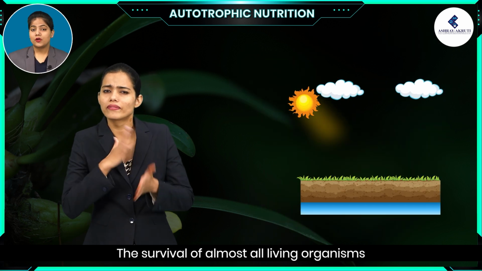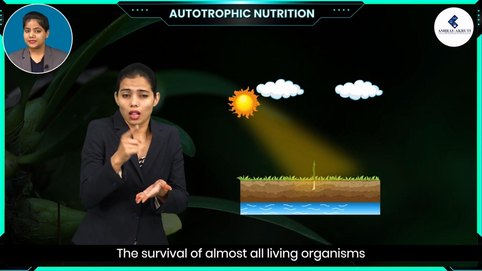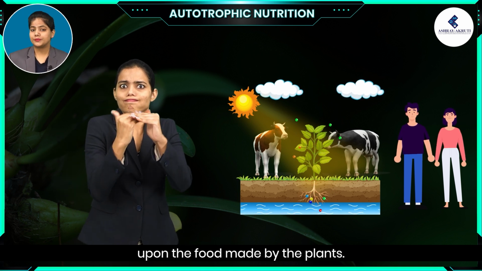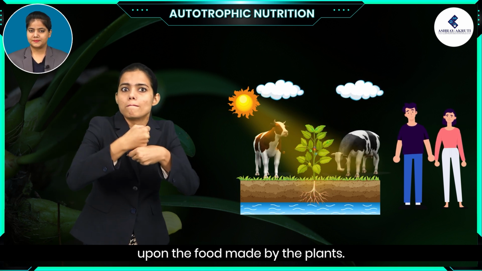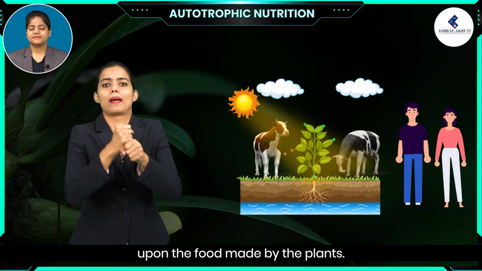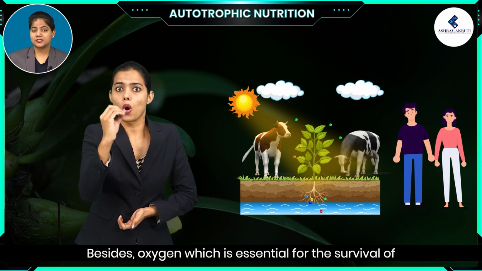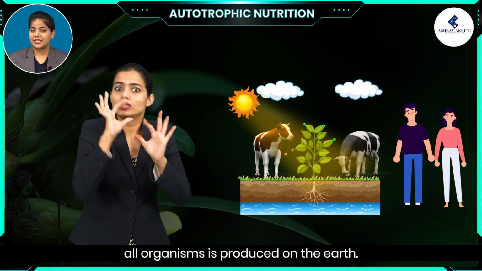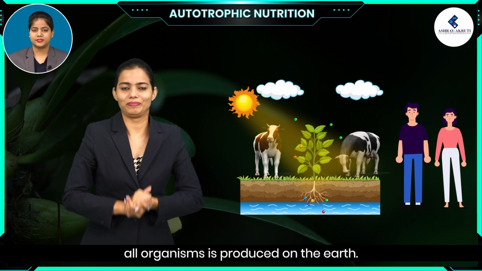The survival of almost all living organisms directly or indirectly depends upon the food made by the plants. Besides, oxygen, which is essential for the survival of all organisms, is produced on the earth.